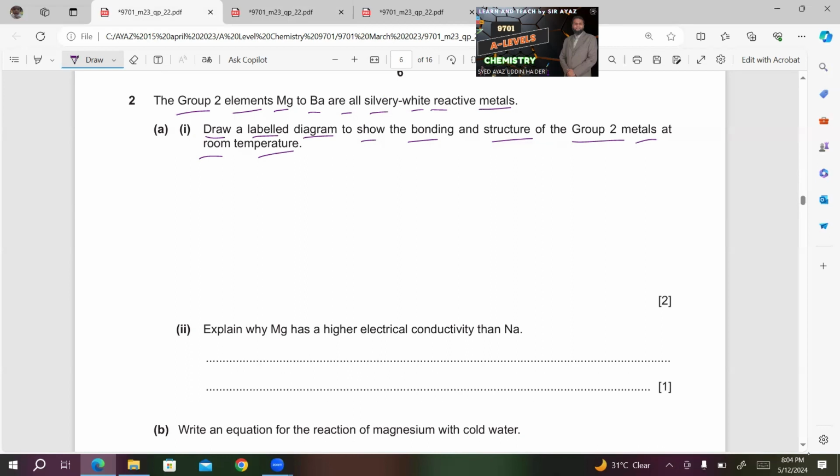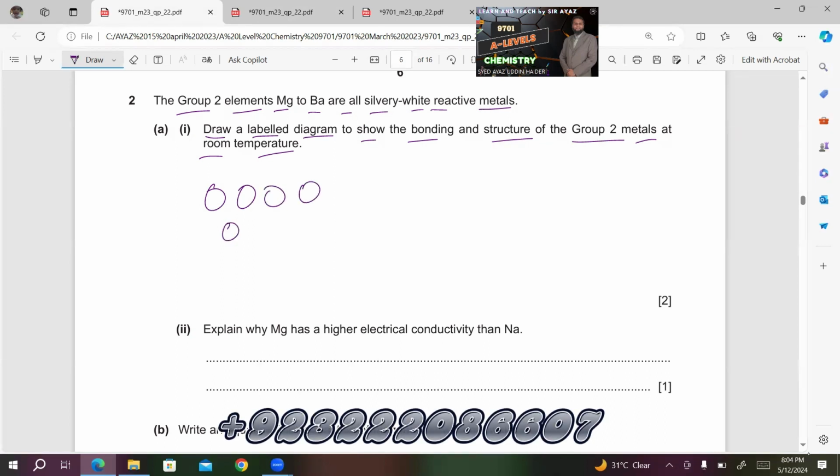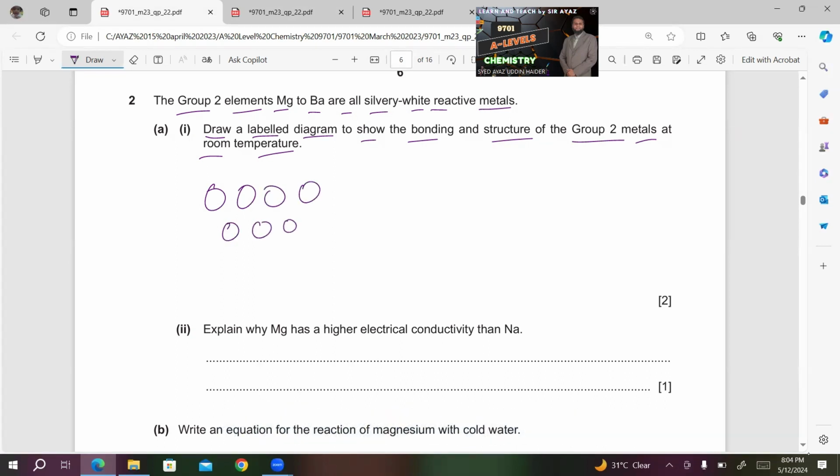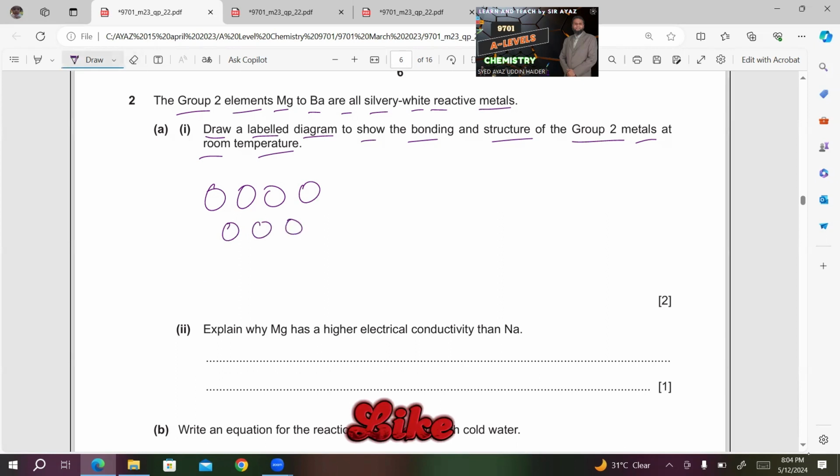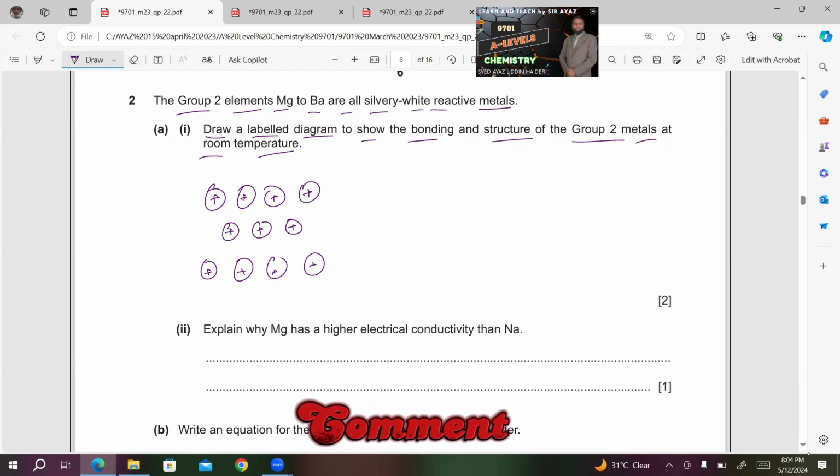So the cations must be like this. 1, 2, 3, 4. 1, 2, 3. Second row. Third row. 1, 2, 3, 4. Putting positive inside. So we have this option.